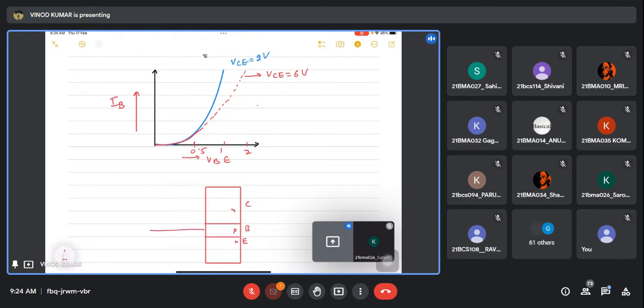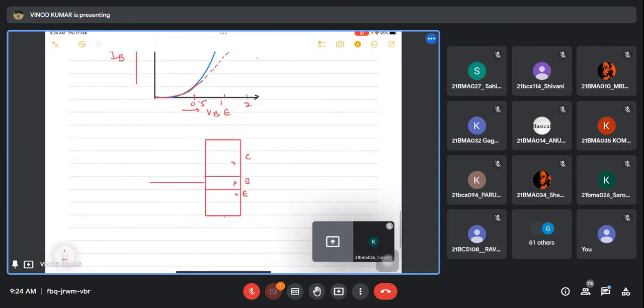So input is here because this is forward bias, right?